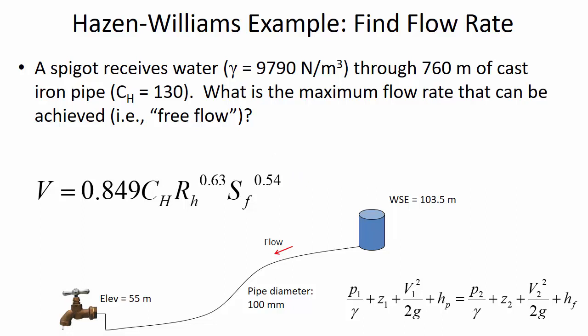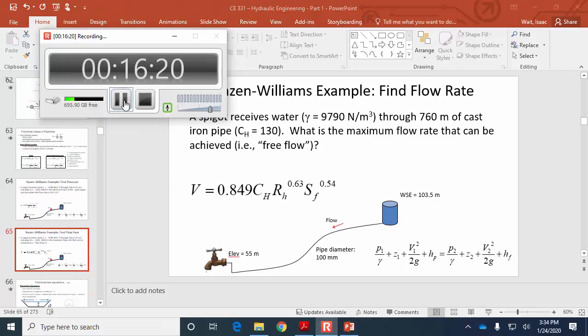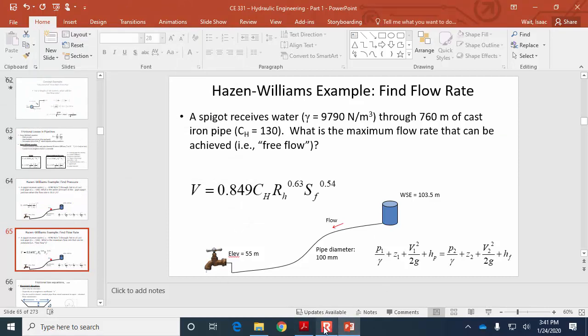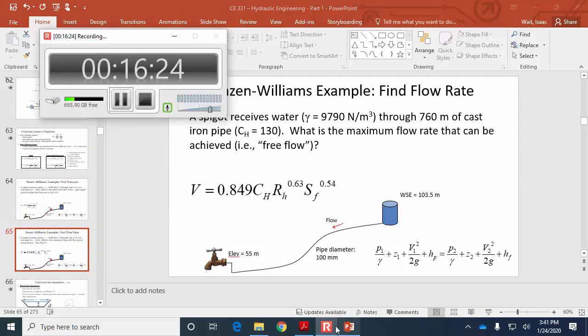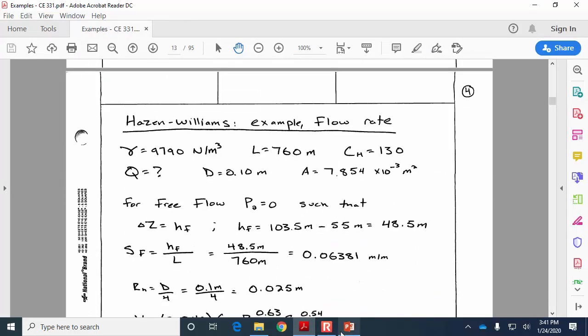Now earlier today I told you what S sub F is. It's H sub F divided by L. So the H sub F is going to be the elevation difference between the two. Okay, so what does Hazen-Williams tell us about this one?